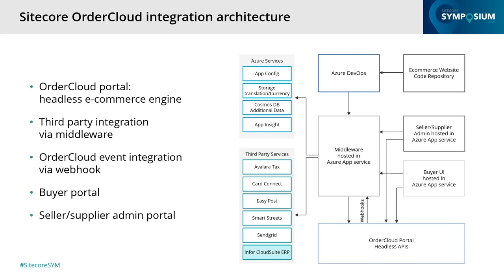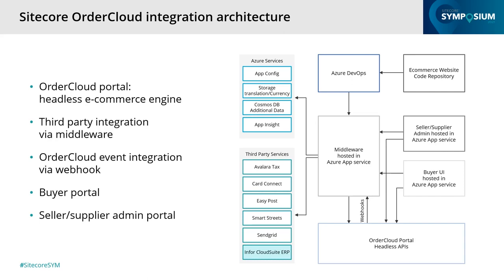Middleware accepts the request from e-commerce storefront and seller admin, processes the request, and passes it to the OrderCloud portal appropriately. Another way to integrate external systems with OrderCloud is to use webhooks.